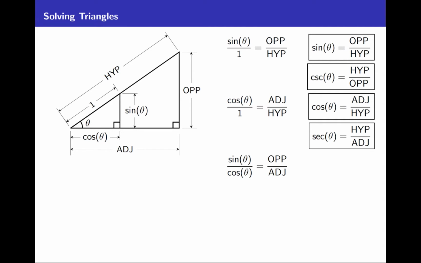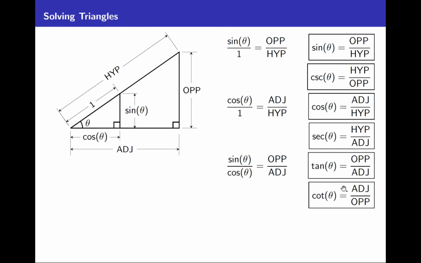Now look at sine of theta over cosine of theta. With similar triangles, sine of theta over cosine would be equal to opposite over adjacent. And sine of theta over cosine of theta is tangent. So we get the equation tangent theta equals opposite over adjacent. And cotangent is the reciprocal of tangent, so it's adjacent over opposite.